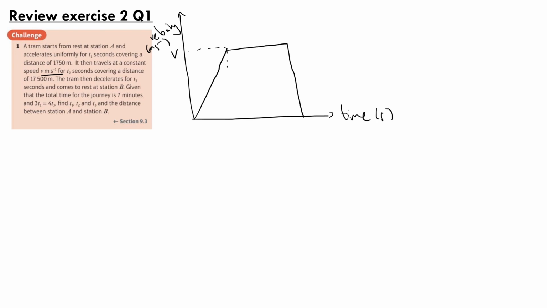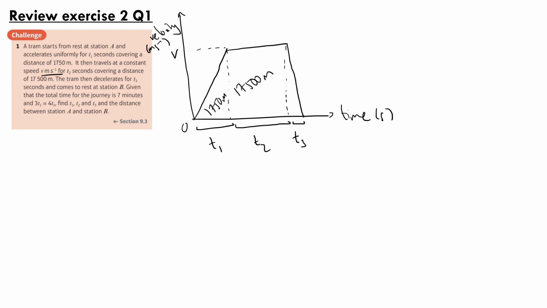So we can split this graph into 3 sections, and we are given some extra information in the question that for the first portion of the graph we cover 1,750 meters, so that's the area under the curve. Here we cover 17,500 meters, and we also know that this portion of the graph takes t1 seconds, this takes t2 seconds, and the final part takes t3 seconds.